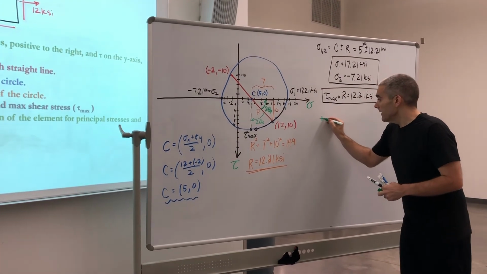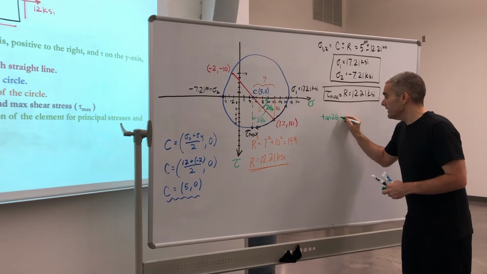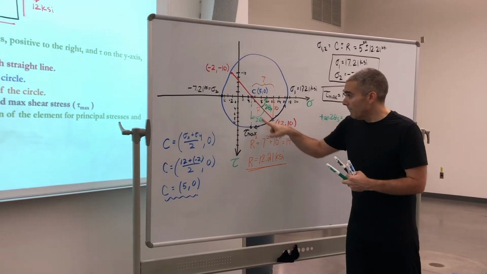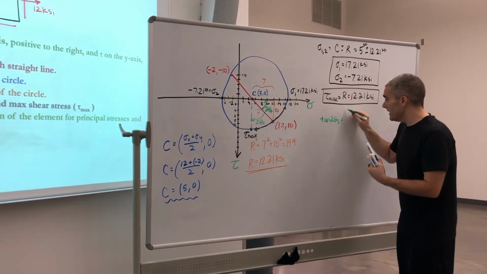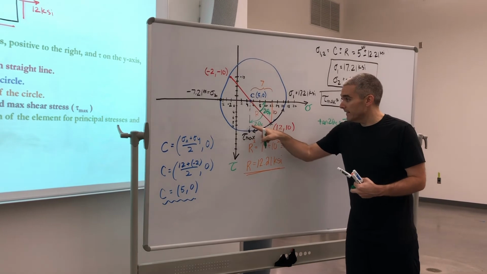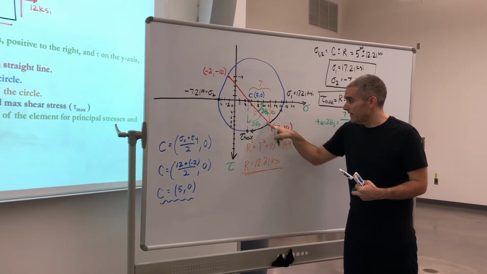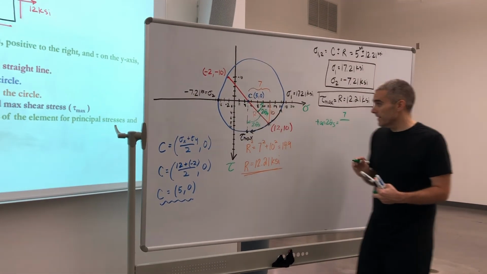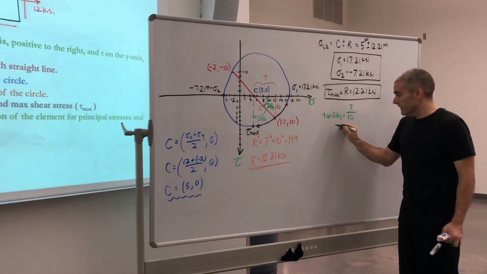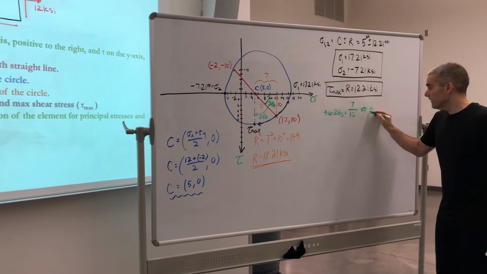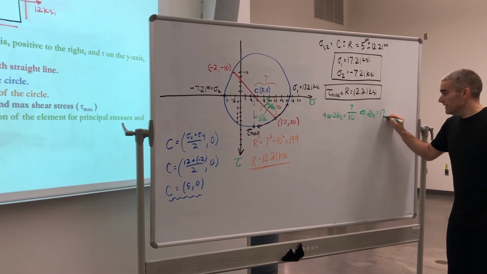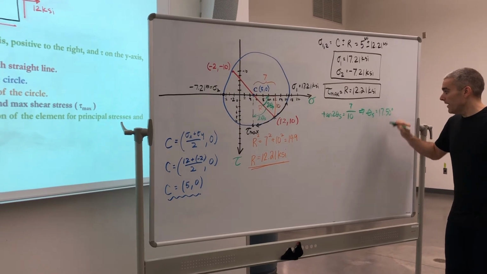So, tangent of 2 theta s equals the opposite, which in this case is now 7, divided by the adjacent. So let's see, opposite is 7, adjacent is going to be 10. So now we can solve for theta s. Theta s will equal 17.50 degrees.